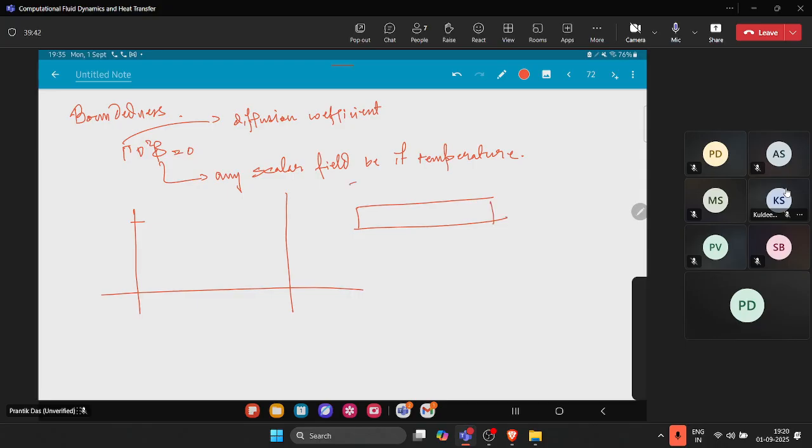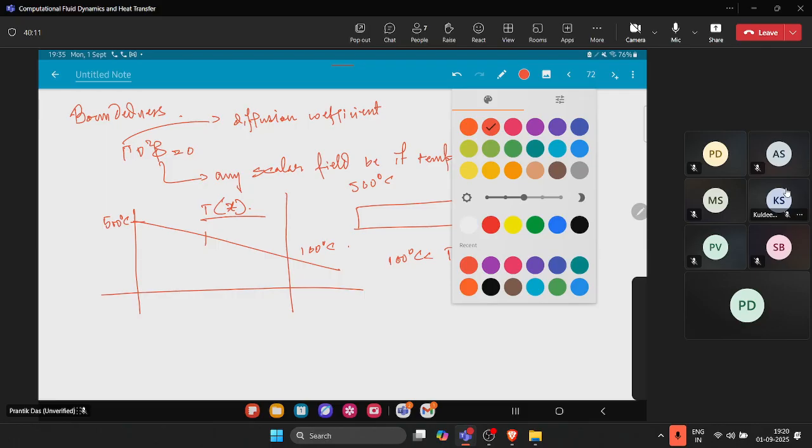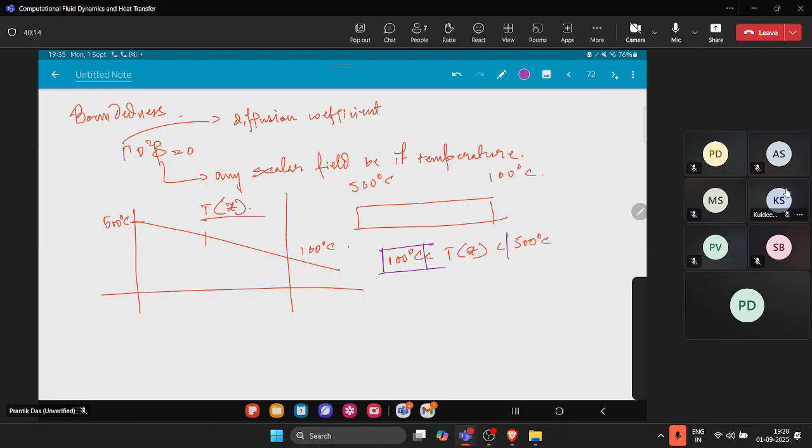One end is at 500 degrees centigrade and the other end is at 100 degrees centigrade, on the left hand side and the right hand side respectively. This temperature profile T(x) lies between 100 degrees centigrade and 500 degrees centigrade. So the temperature inside the rod is between the two extremes that we have at the boundaries. This is called boundedness.